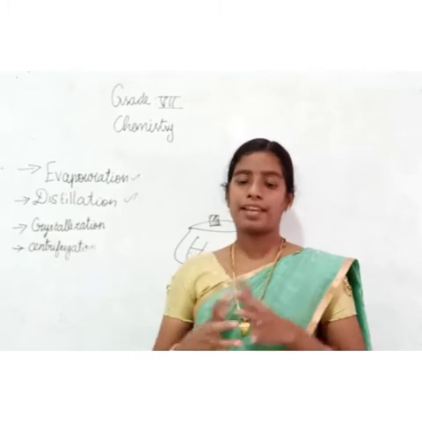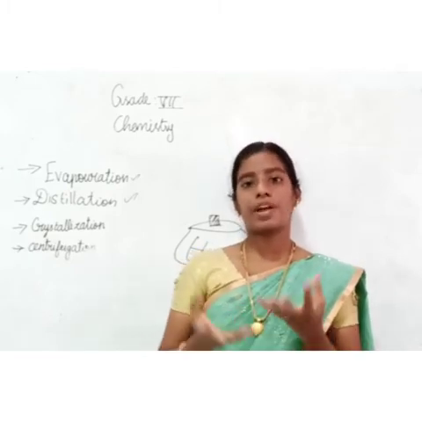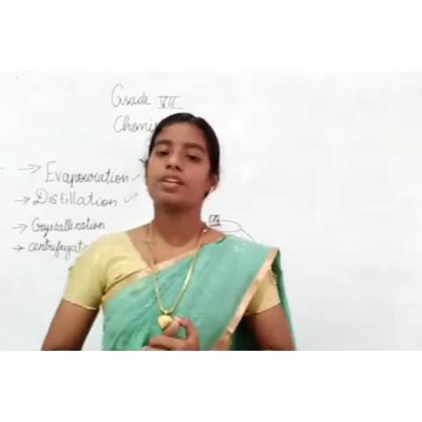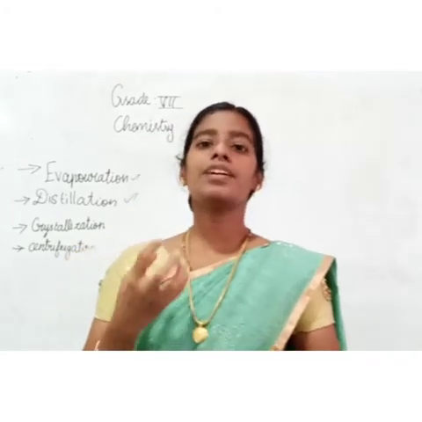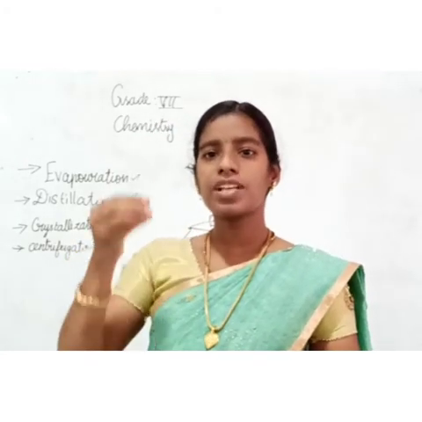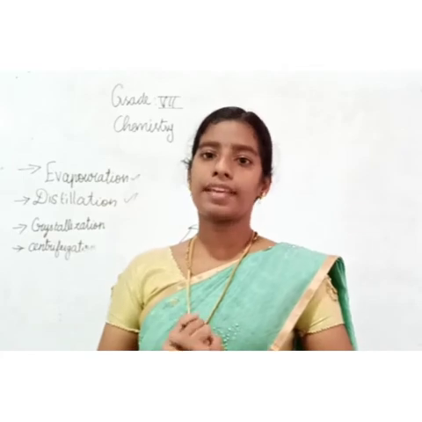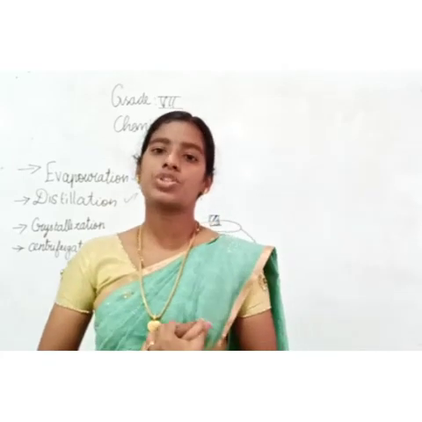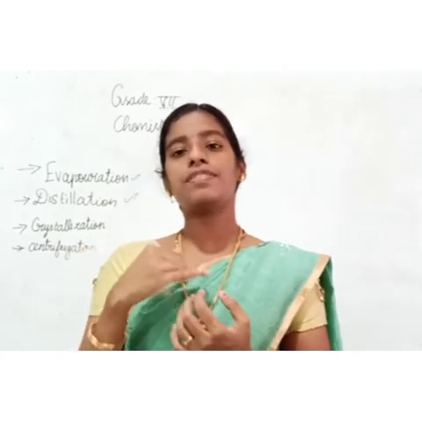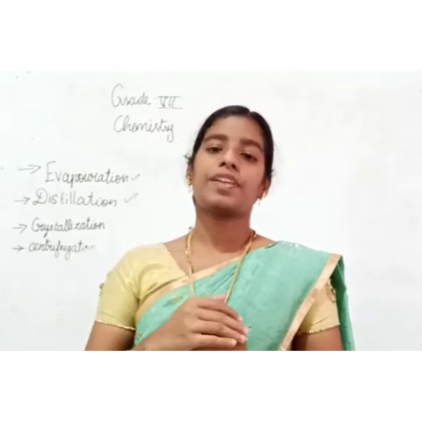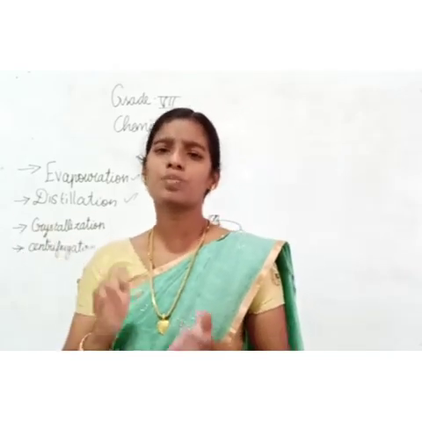Next is crystallization. Crystallization can be explained with an example. Think you have a sugar or salt solution. From this, you have to get back the crystals, that is, sugar crystals. How can we get them? We have to take the solution and perform slow heating, applying a small amount of heat.